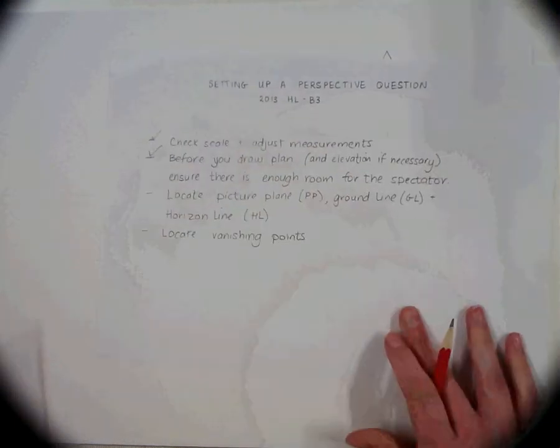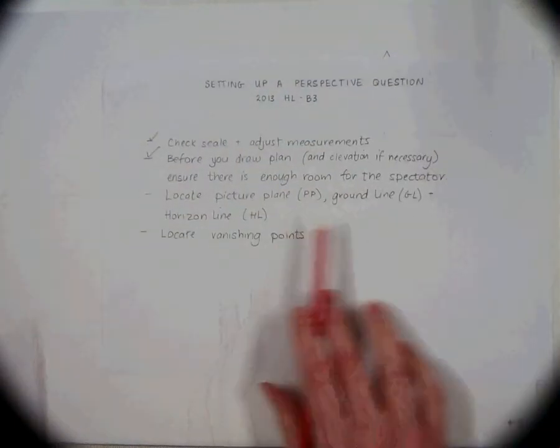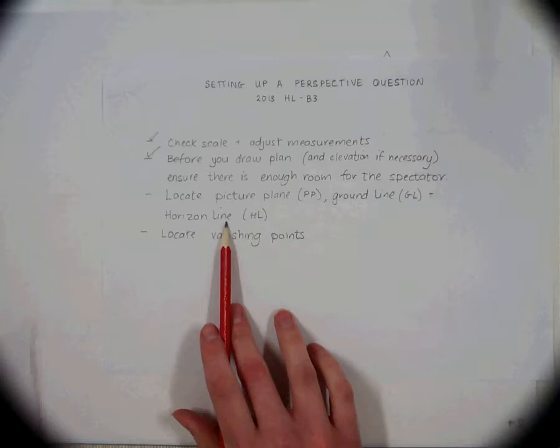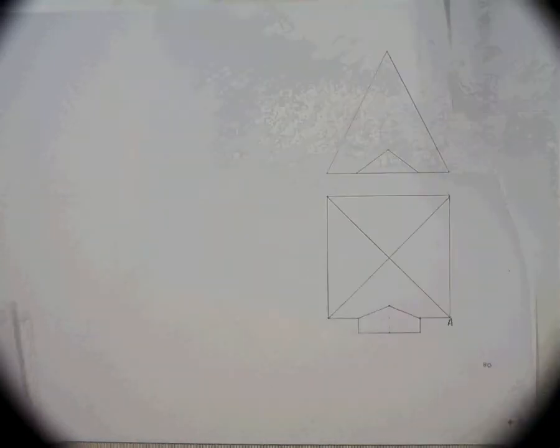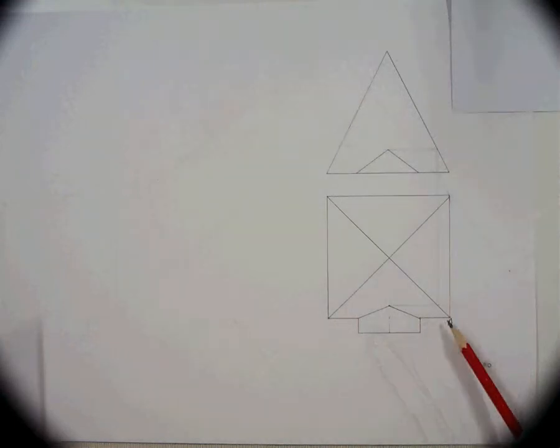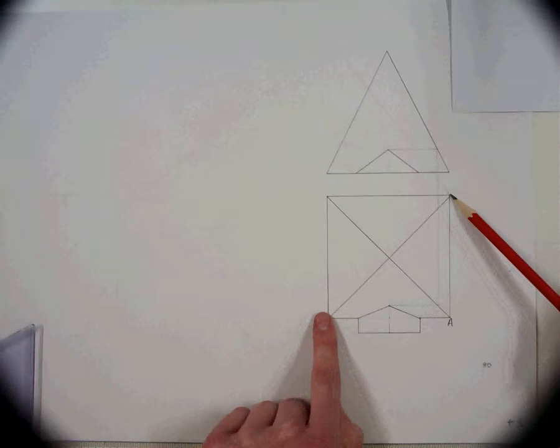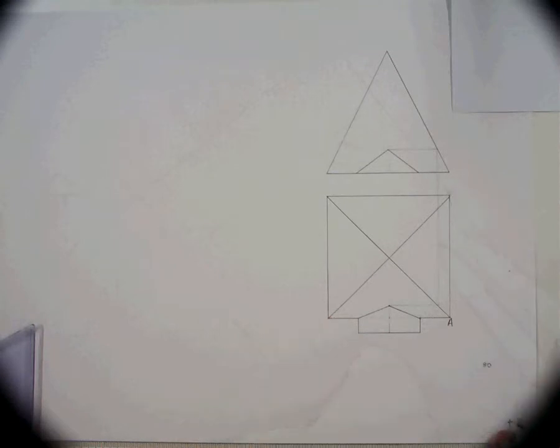Okay, the next thing is you need to find your picture plane, ground line and horizon line. The very first thing you do is your picture plane. The picture plane goes through the corner A. To locate it you need to join the back 2 edges to the spectator. I'm going to do it in colour so you can see it.